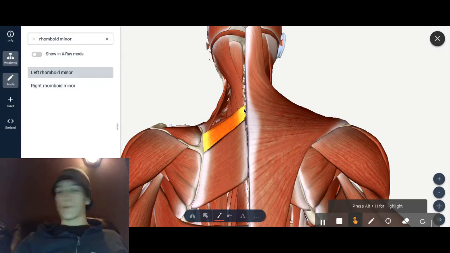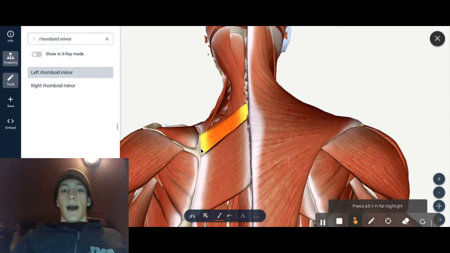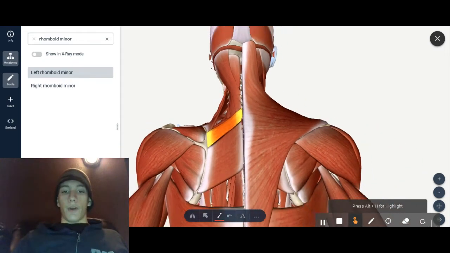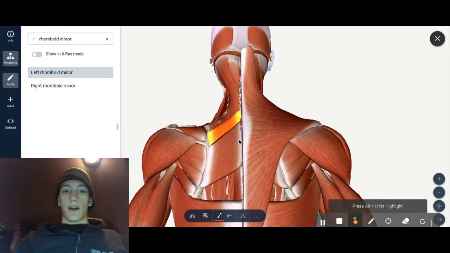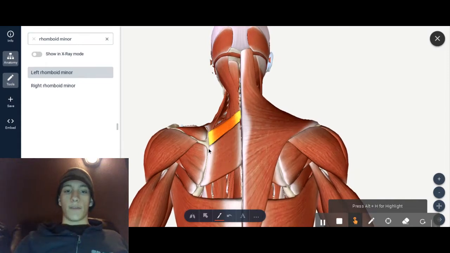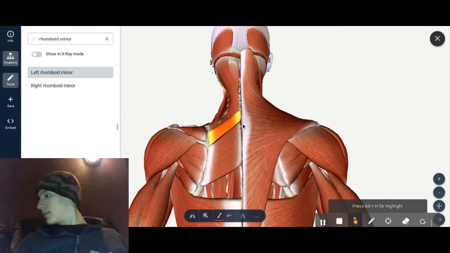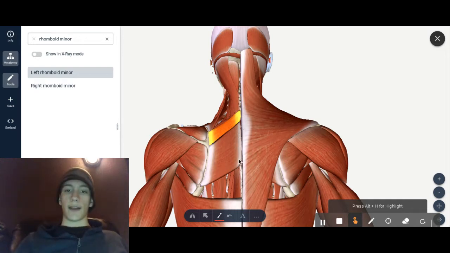So remember, its origins are on C7 and T1, cervical 7 and thoracic 1, and on the vertebral edge of your scapula. And then your rhomboid major is on the vertebral edge of your scapula, and on T2 through T5. That's the second thoracic vertebra through the fifth thoracic vertebra.